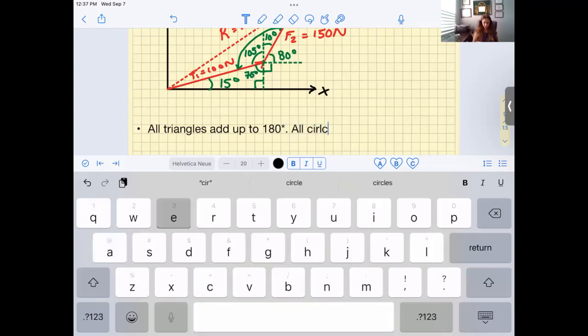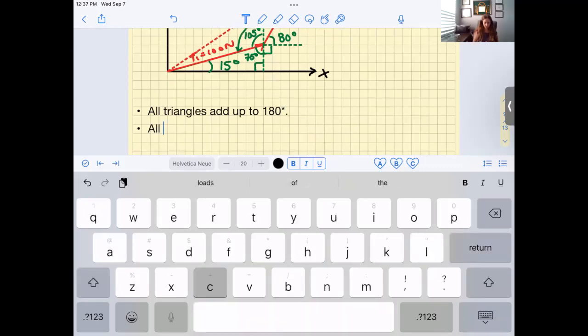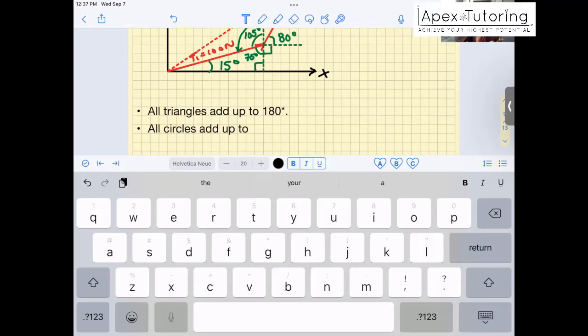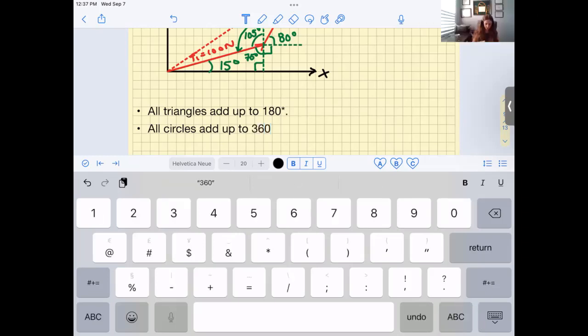All circles add up to what? 360 degrees.